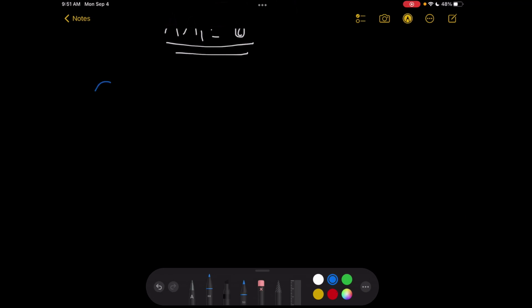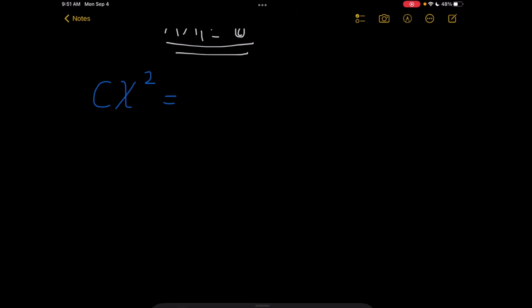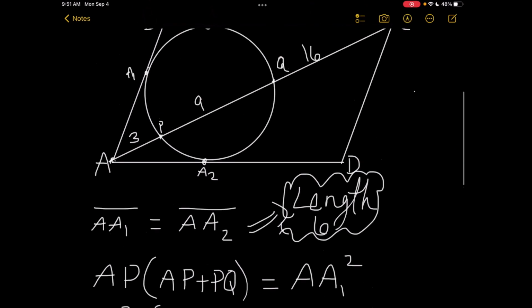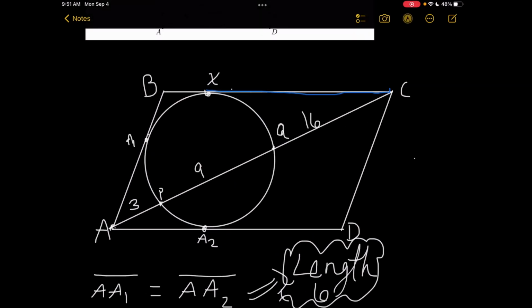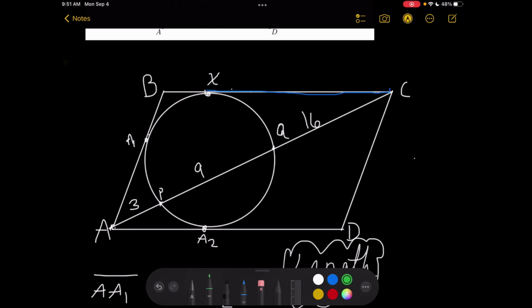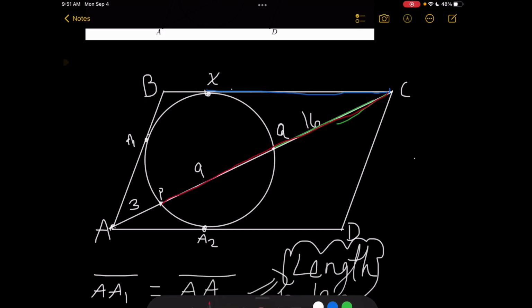So CX squared will be equal to, let's see, CQ times CQ plus PQ, right? That is our definition for power of a point dealing with secants and tangents.